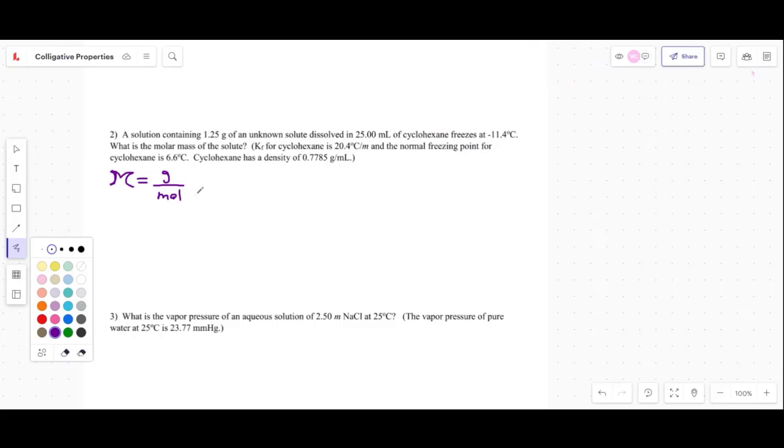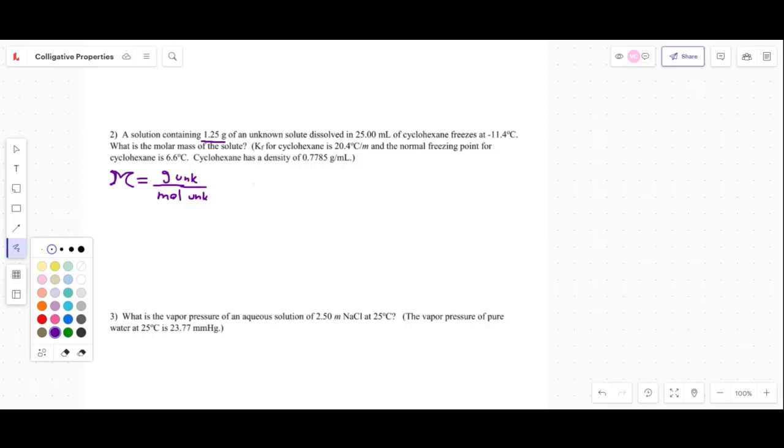So if I want to calculate the molar mass of the unknown solute, I have to get the grams of the unknown, and I have to divide by the moles of the unknown. Now, what's given in the problem? Are either of those two given in the problem? We are given the grams of the solute. Yeah, the grams of the unknown are given. But what about the moles of the unknown? Is that given or no?